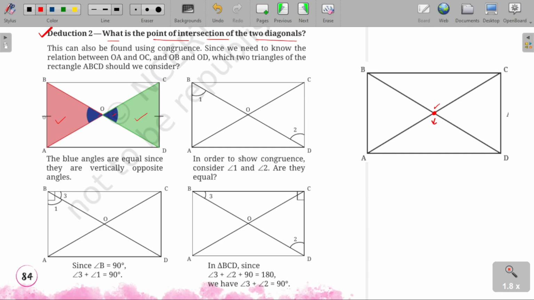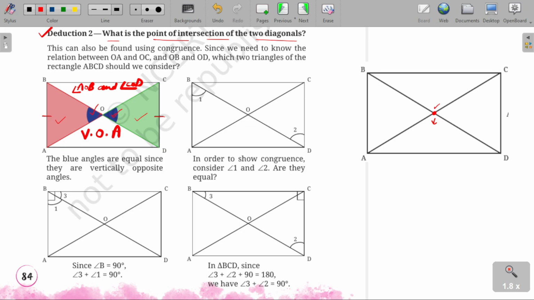You have AB equals CD. This is one of the properties of a rectangle, right? And this blue angle, angle AOB, and angle COD are equal to each other because they are vertical opposite angles.